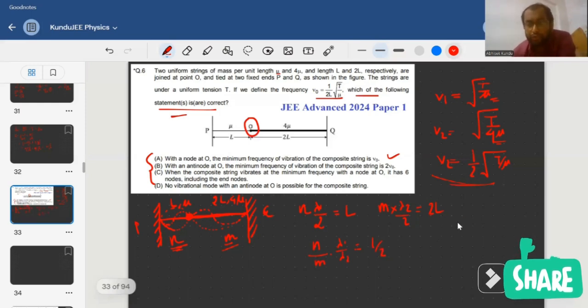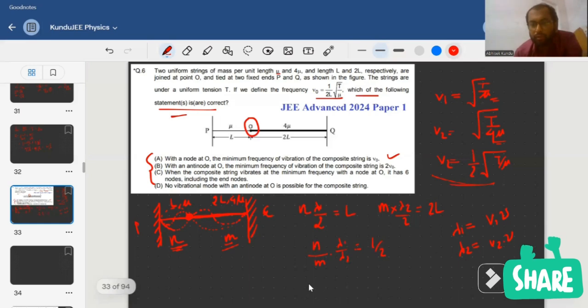Now the entire string will vibrate with one frequency only. So lambda 1 we can write as V1 into nu, and lambda 2 equal to V2 into nu, as the frequency will be the same but the velocity will be different, so the wavelength will adjust.